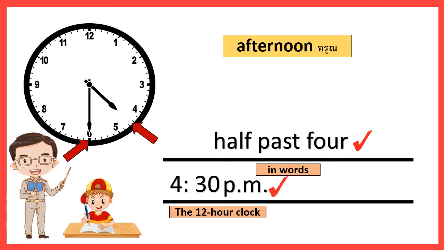Good job. Now this time, we are going to answer the 24-hour clock. So what is the equivalence of 4:30 p.m. in 24-hour clock? What do you think is the answer? Now this time, I'm going to show you how to convert the 12-hour clock into 24-hour clock.